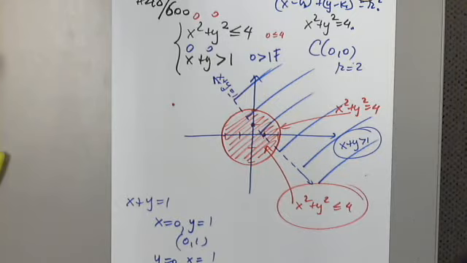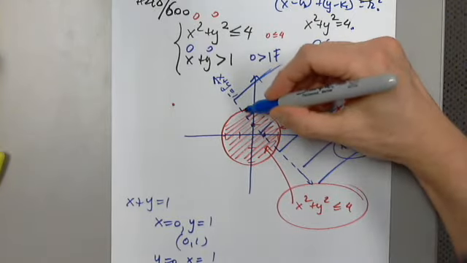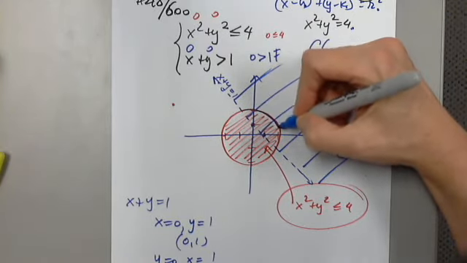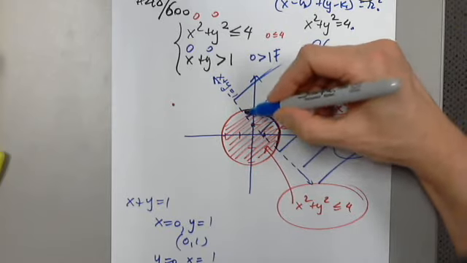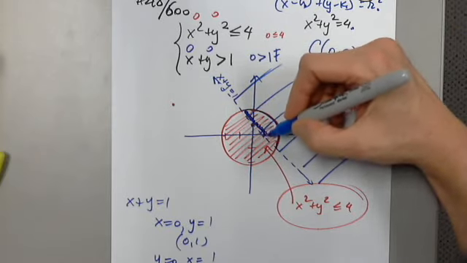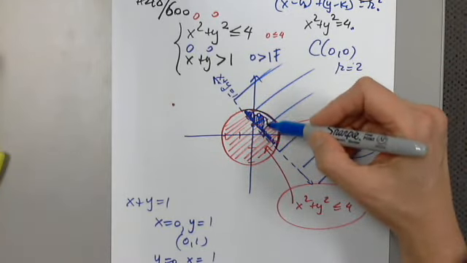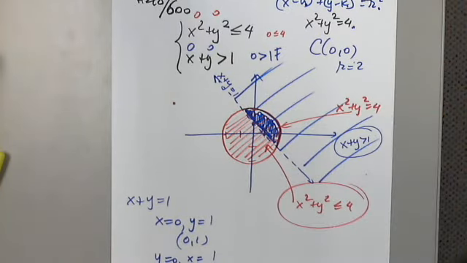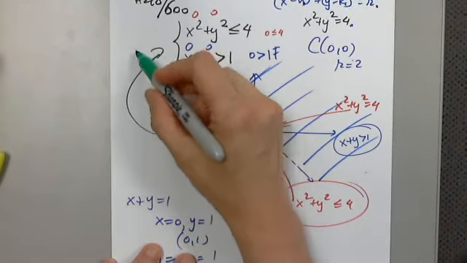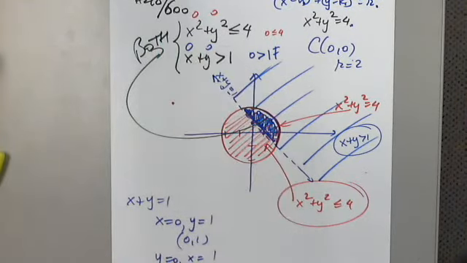They do. Right here. All points on this curve, all points extremely close to the line, but not points on the line, and everything in between. What does this represent? Both. Solutions of the system.